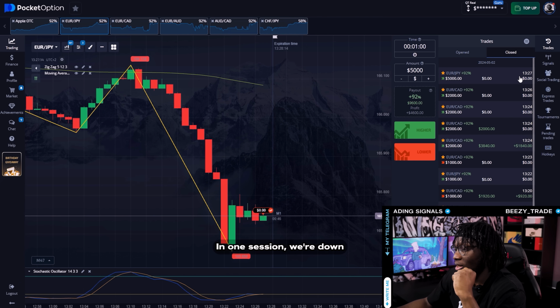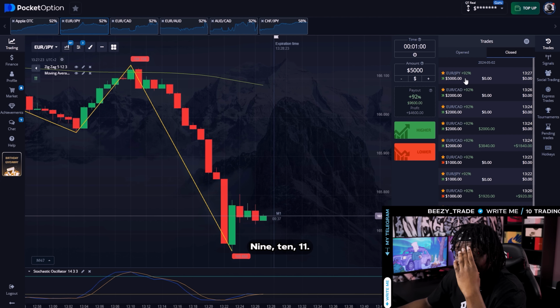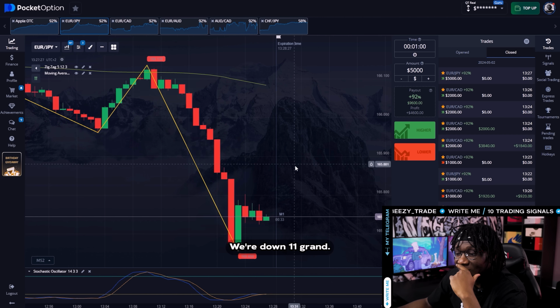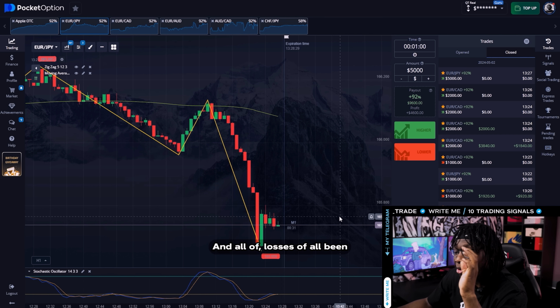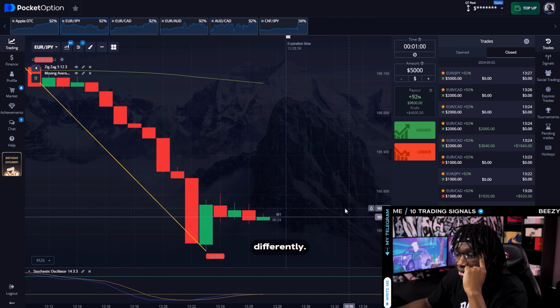In one session, we're down 5K, 2, 4, 9, 10, 11. We're down 11 grand. And all of our losses have all been us trying to see that the price is going differently.